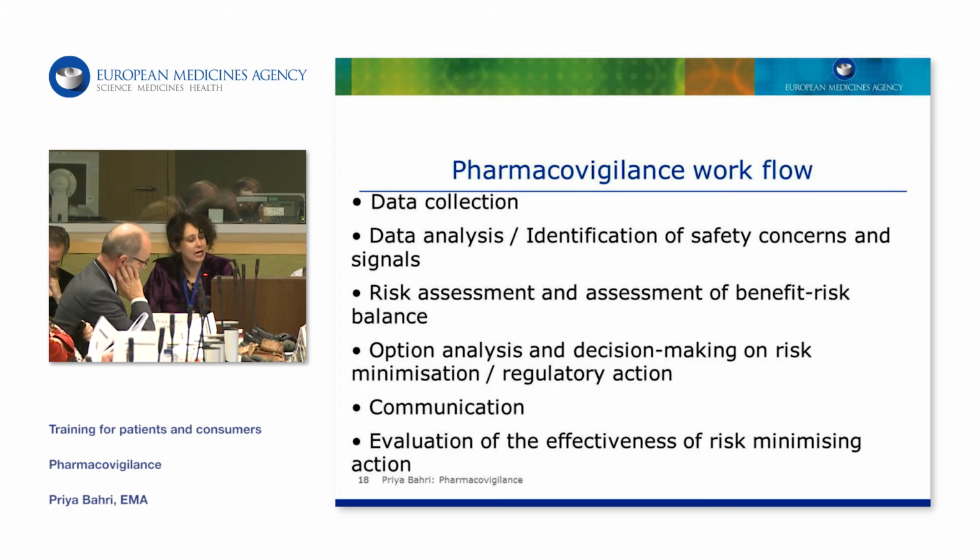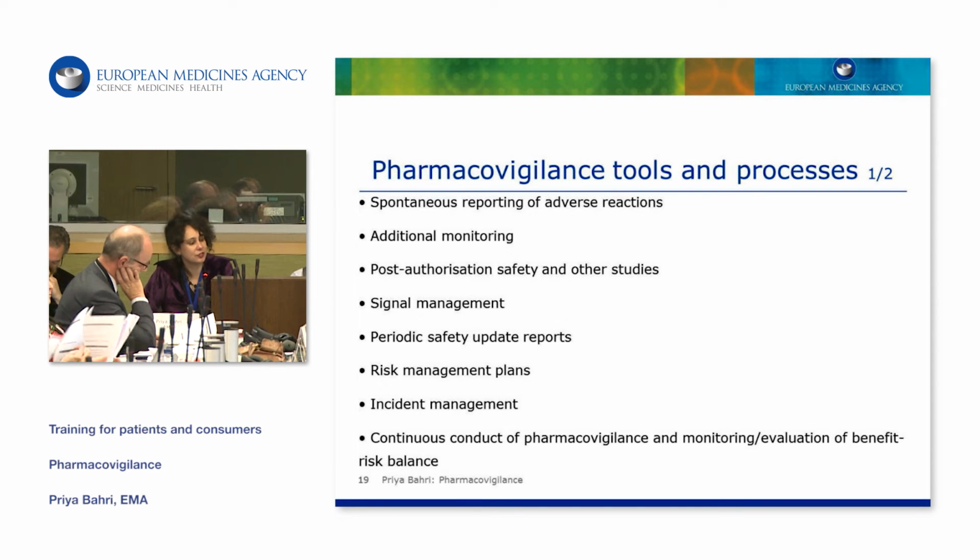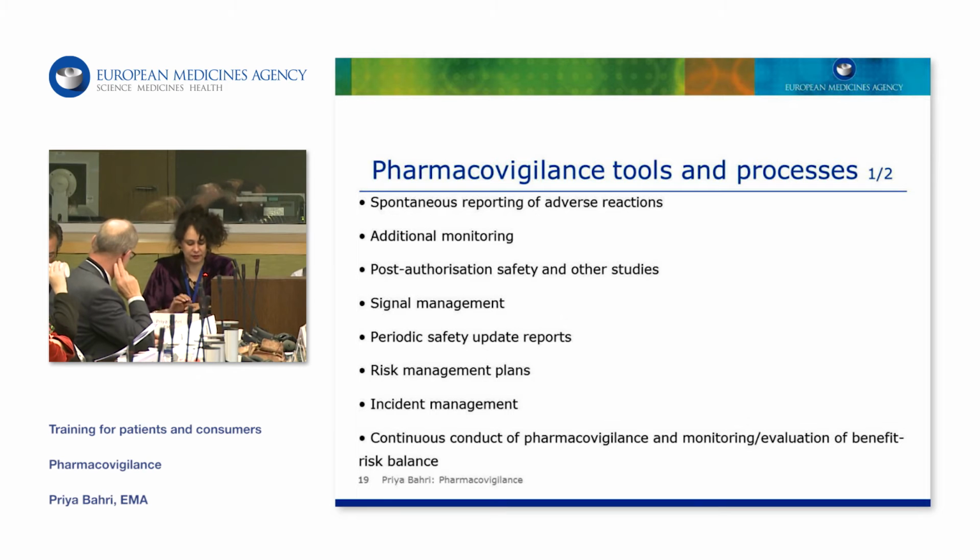Now, next slide. When we look at the tools we have available for the data collection and the assessment and all these steps I've just been quickly mapping out, there is most traditionally what we call spontaneous reporting of adverse reactions. That is when somebody, it can be the patient or the healthcare professional, makes an observation and thinks, oh, I didn't have this on my skin.